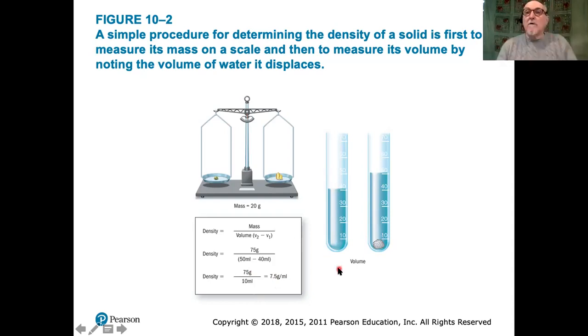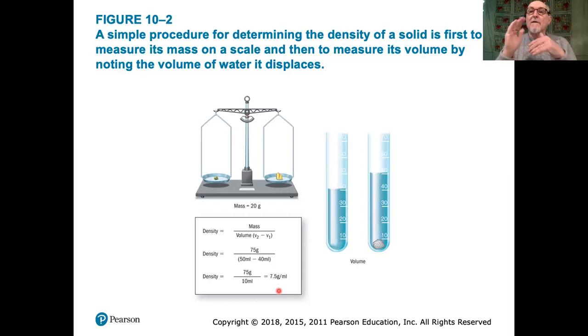And let's just say for the moment that this is lead. If we did the same thing with some aluminum, it would weigh far less, right? Let's say it weighed half. And our density would end up being correspondingly less.